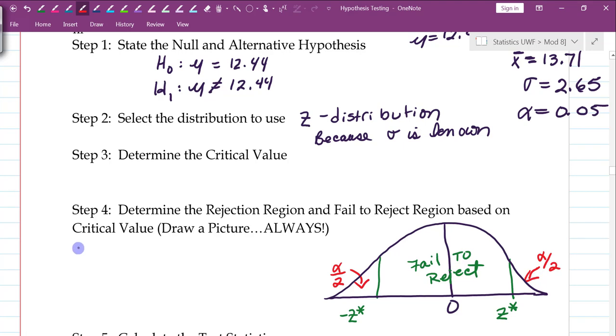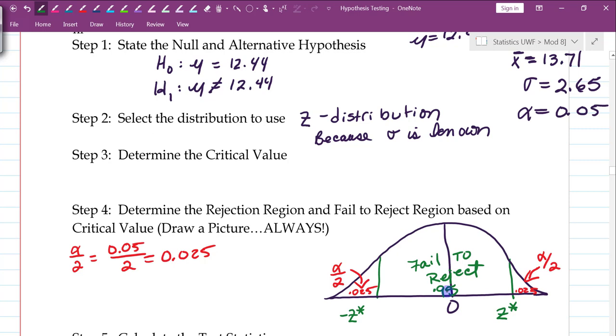Well, alpha is equal to 0.05. So half of alpha, half of 0.05, is equal to 0.025. So right in here is 0.025, 0.025. That tells me that right in here I have 0.95 of the area.